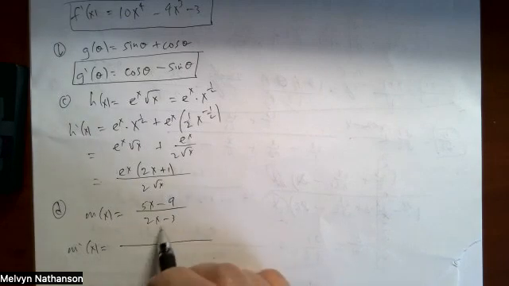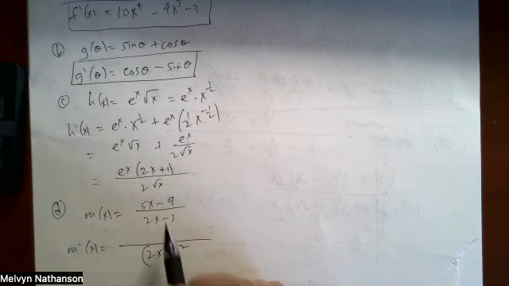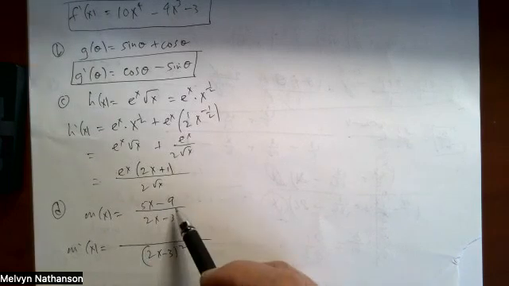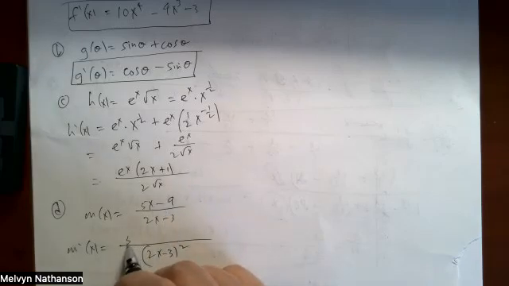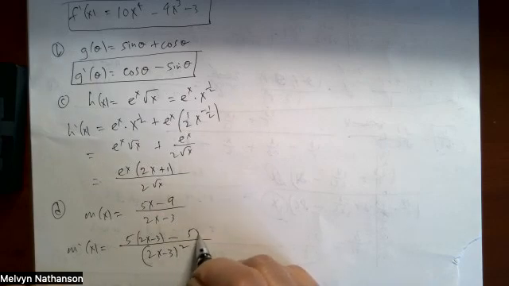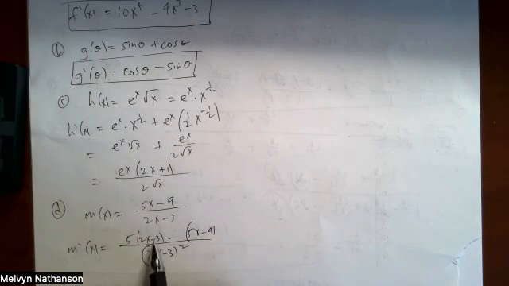You take the denominator squared, 2x minus 3 squared, and then in the numerator, you have the derivative of the numerator. The derivative of 5x minus 9 is 5, times the denominator, minus the numerator, times the derivative of the denominator. The derivative of 2x minus 3 is 2.